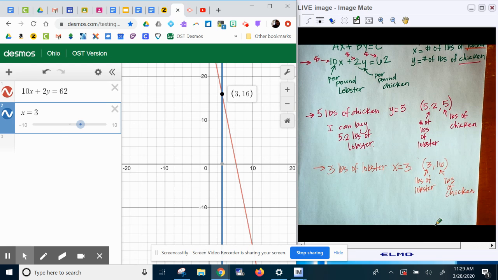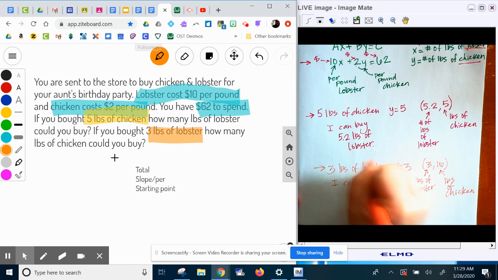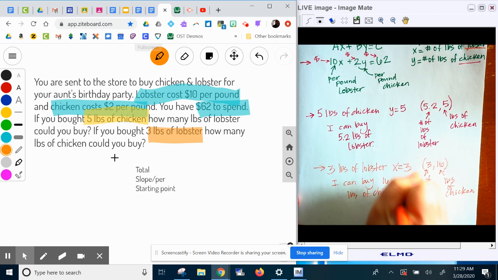So the question asks, if you bought 3 pounds of lobster, how many pounds of chicken could you buy? I could buy 16 pounds of chicken. Done.